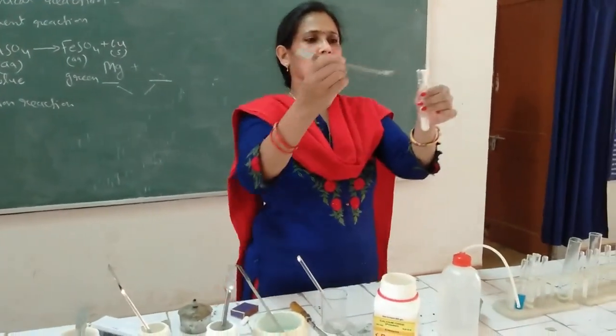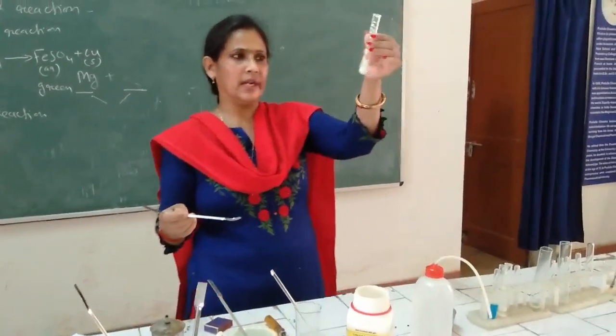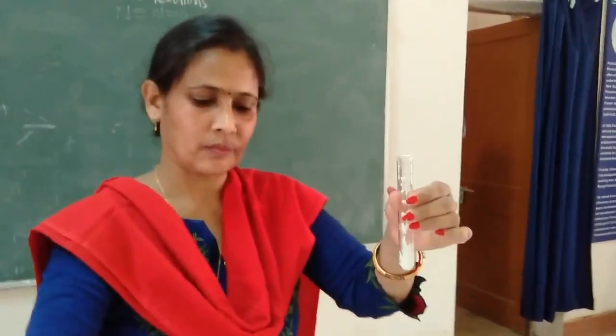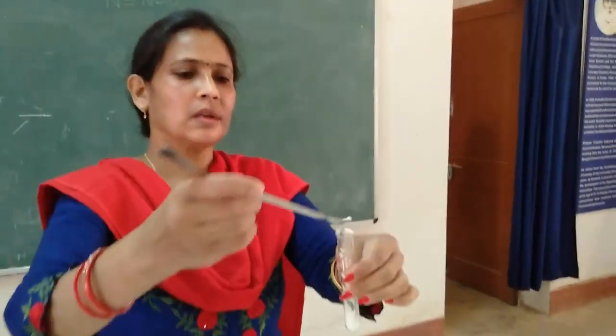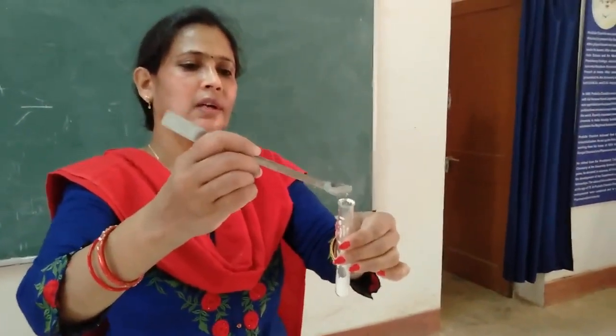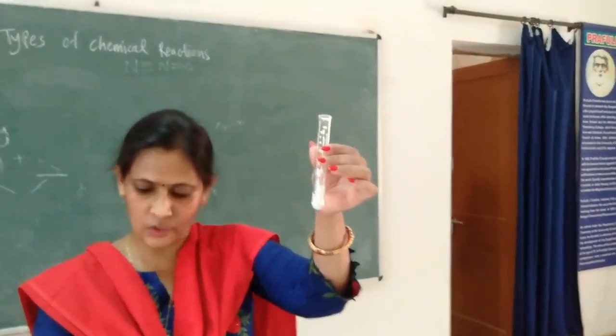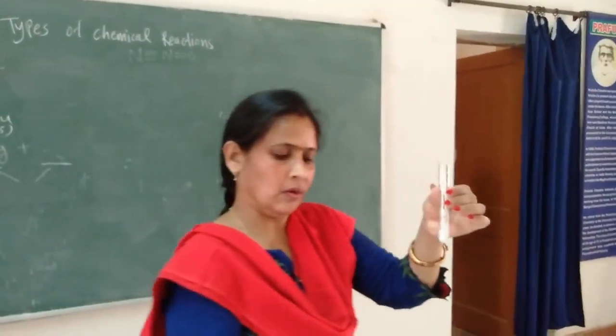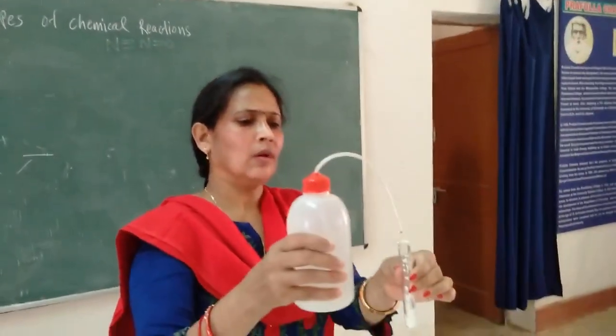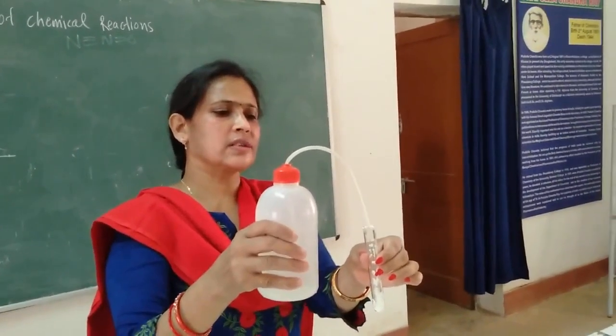You can see what is the color of this calcium oxide. It is a white color substance. And after taking this calcium oxide powder in the test tube, you have to add water to this calcium oxide.